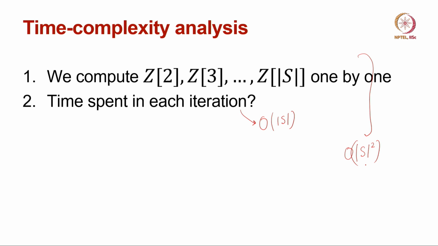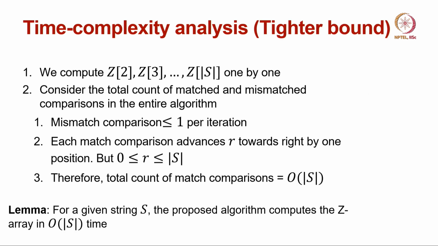But this style of analysis is giving us a very loose bound because in actuality this algorithm is running much faster. We have to use a different style to analyze this algorithm to get a tighter bound, and that will be as follows. We again compute these Z2, Z3, up to Zs values one by one.